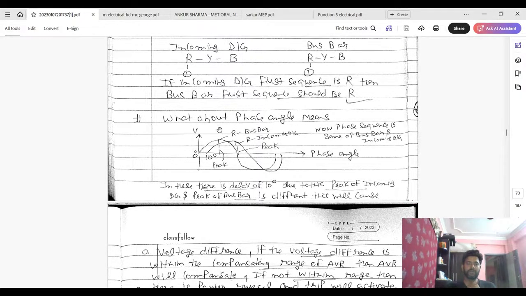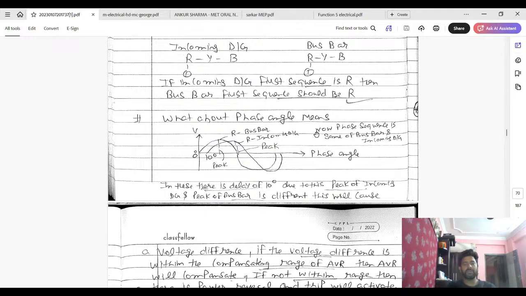You can see this graph. This is a voltage versus phase angle graph. In this graph, we can make out that the incoming and the bus bar have a difference. This difference may be 10, 15, 20 degrees in phase angle. This difference causes a voltage difference.